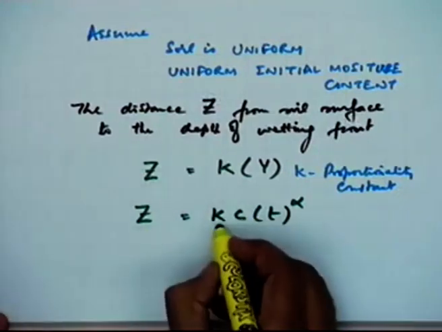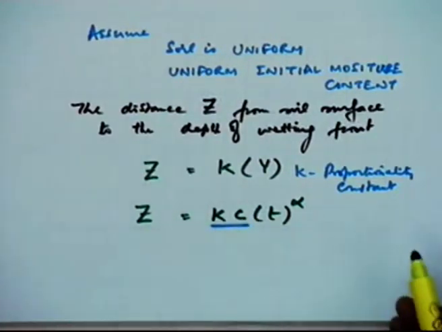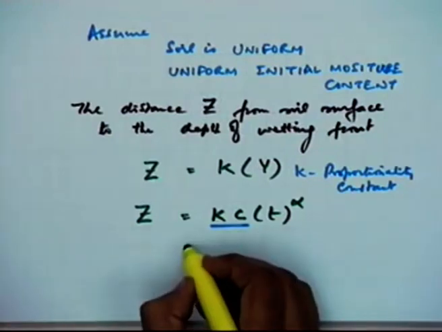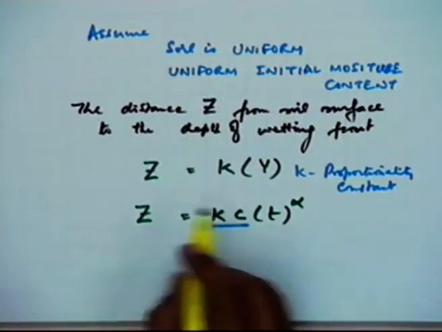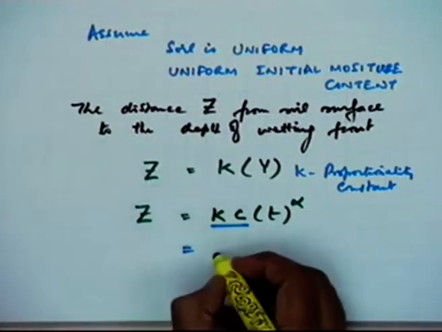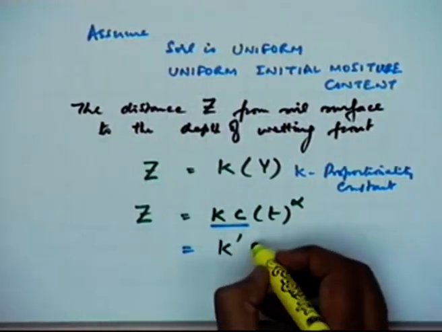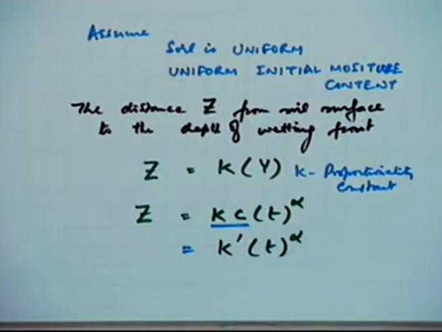Now these are two constants. I can express this as a new constant which is k dash t to the power alpha.